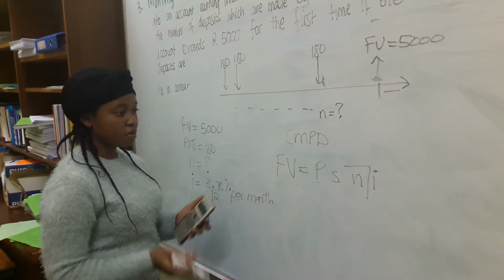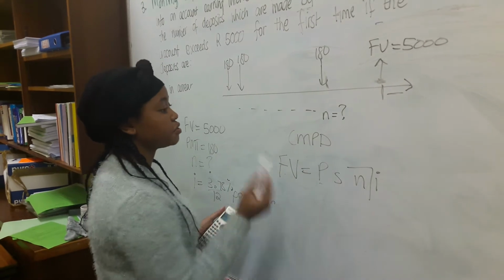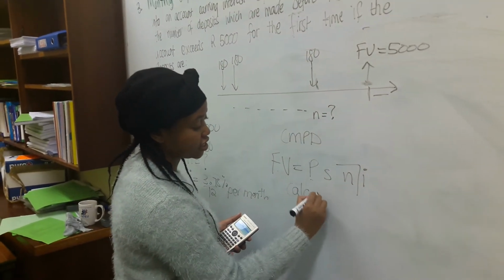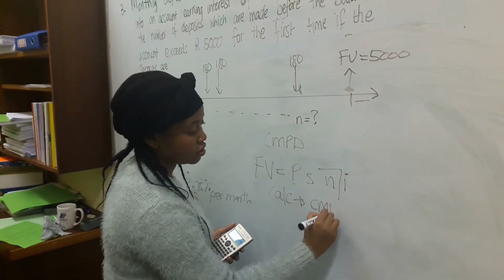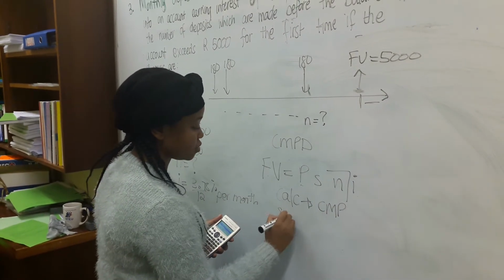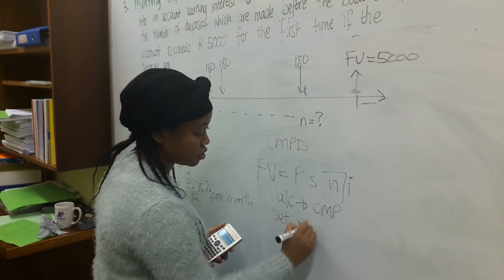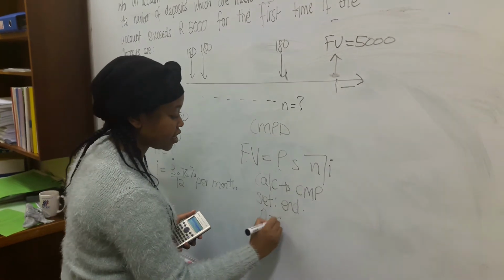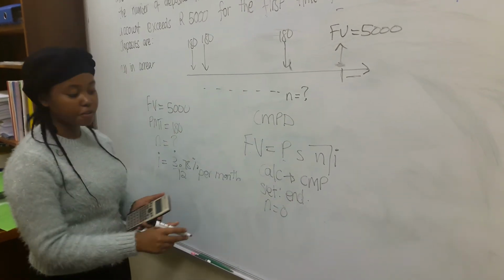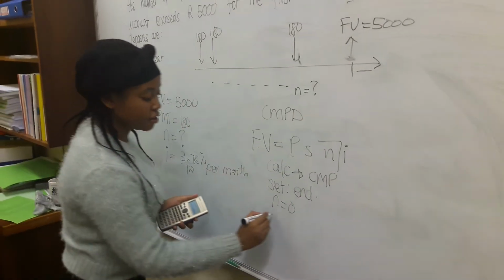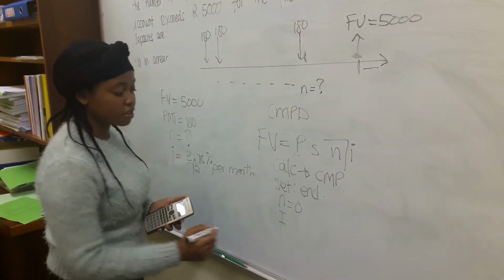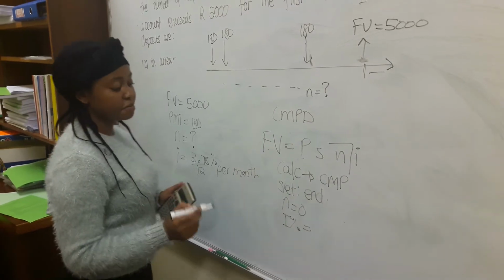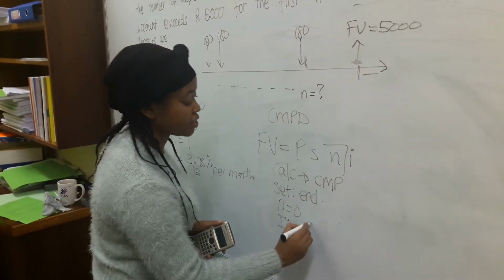So because it's in arrears, we set our calculator to n. For n, because we don't know it yet, we just write 0. And for i, because the calculator already gives you i in percentage, you're not going to write 3.78% divided by 12, you're just going to write 3.78 divided by 12.